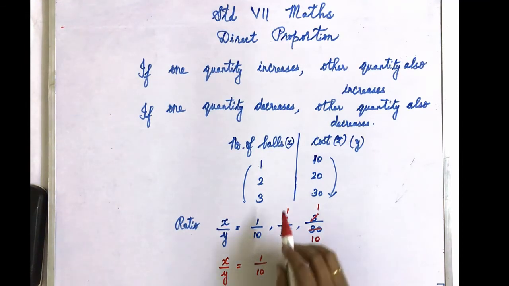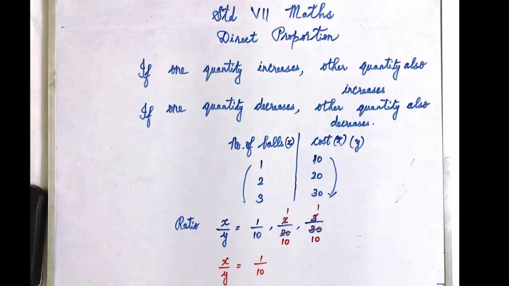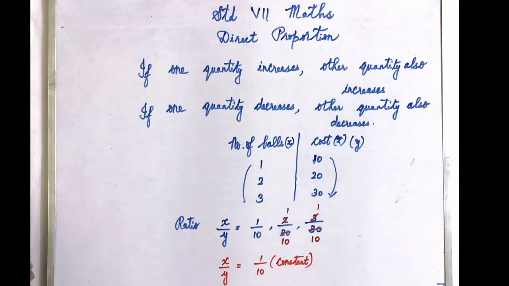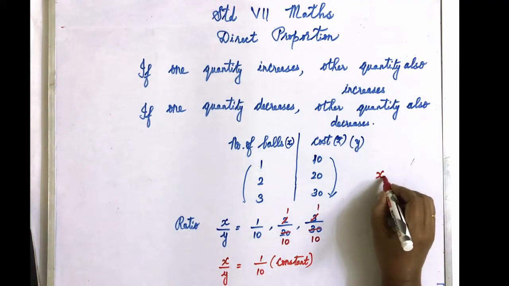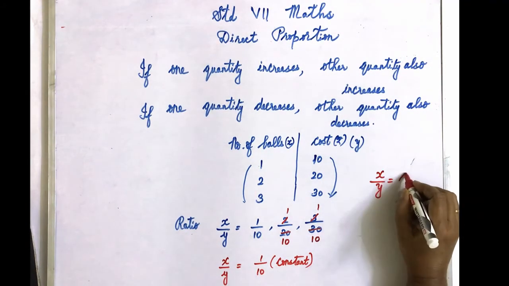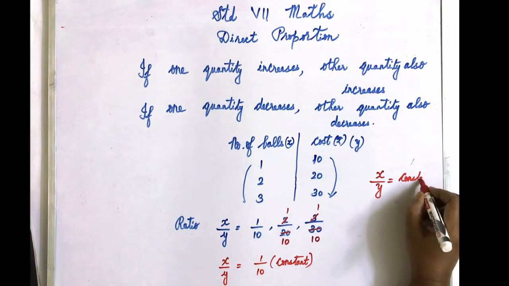So all the ratios are the same, so we can say this is constant. So x by y is constant for direct proportion.